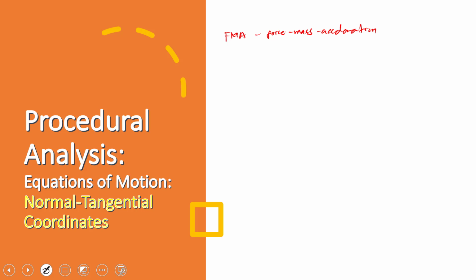So what about the procedural analysis? Basically, the procedural analysis for normal tangential coordinates and radial transverse coordinates is very much the same as for rectangular coordinates, except for the kinematic part.